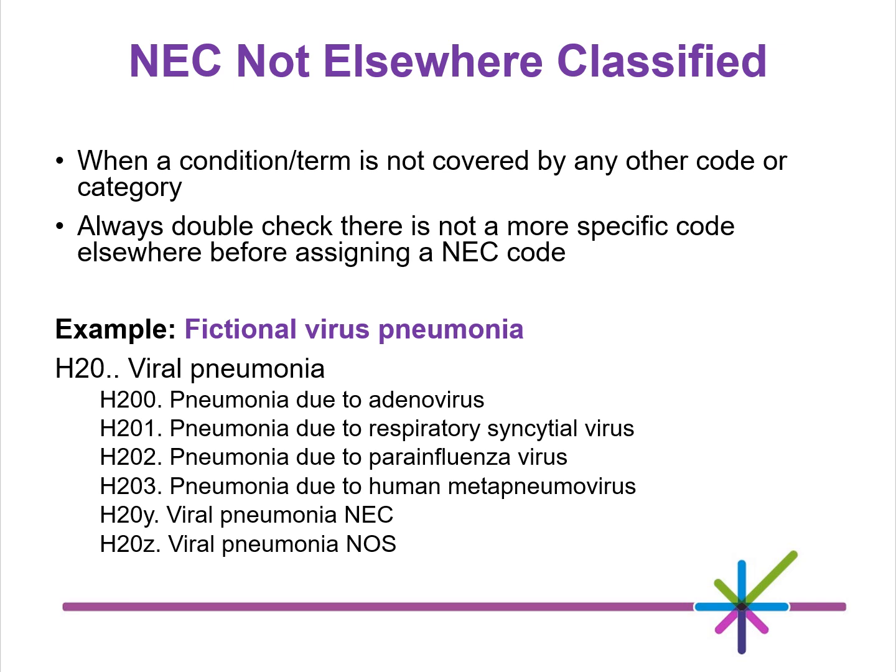H20z. viral pneumonia NOS cannot be selected as there is additional information and a specific diagnosis. However, there is no code available in Read. Therefore, the correct code is H20y. viral pneumonia NEC, as it states not elsewhere classified, demonstrating more clinical information exists, but no code is available within Read.